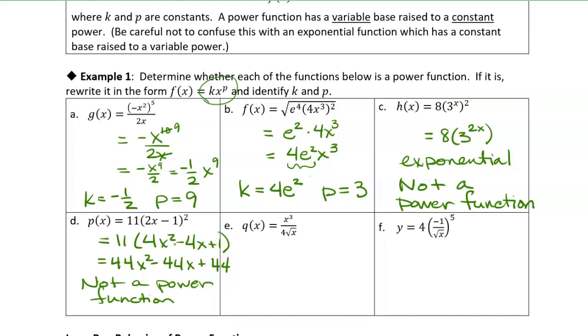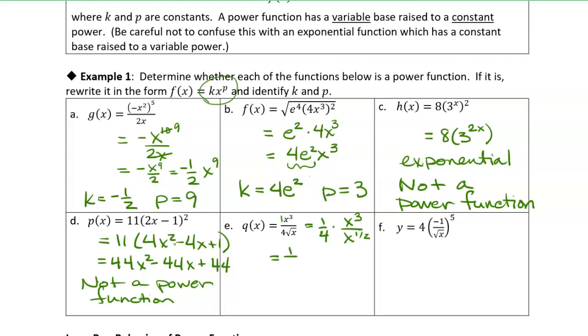All right, let's look at the next one. Now, again, we're going to use our properties of exponents. First of all, I can pull out a 1/4, and then I'm going to have x cubed over x to the 1/2. When I have a quotient of two powers of the same base, I can subtract the exponents.